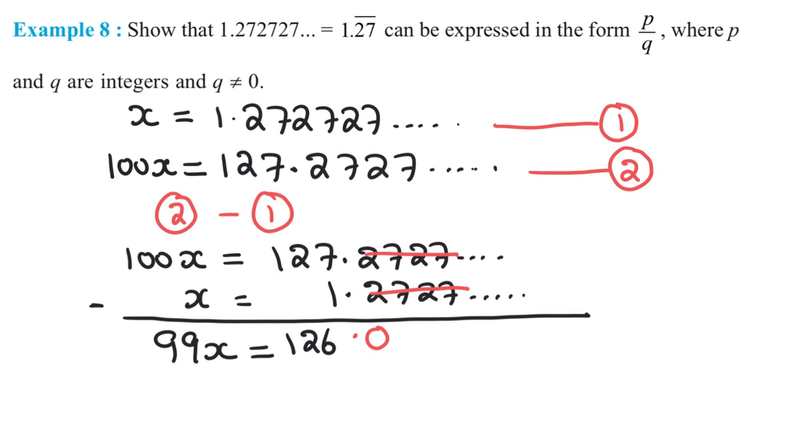So 99x is equal to 126. x is equal to 126 divided by 99. Isn't it? Pose yourself the question, which number can divide both these?